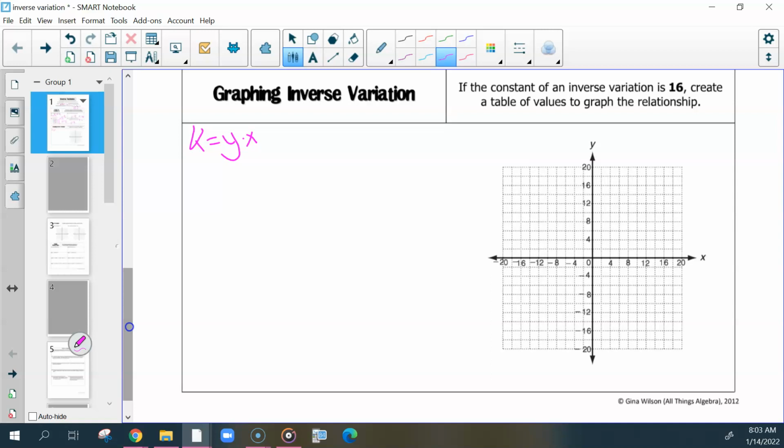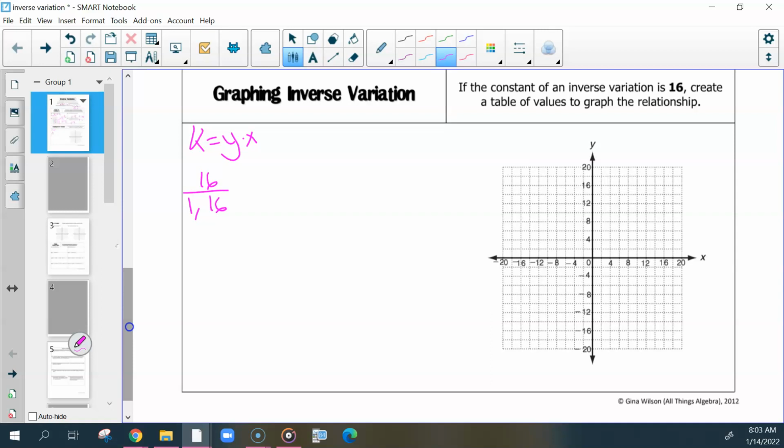We're going to list all the different numbers that would multiply to get 16. What times what would give me 16? 1 and 16.